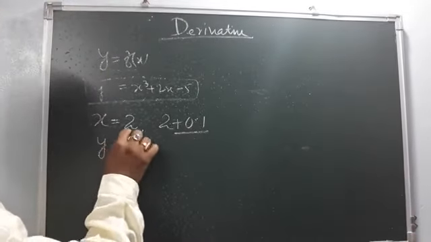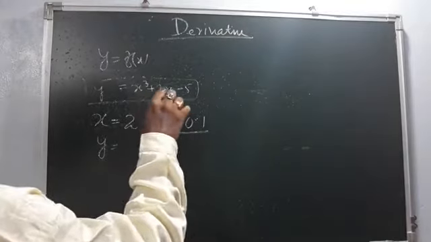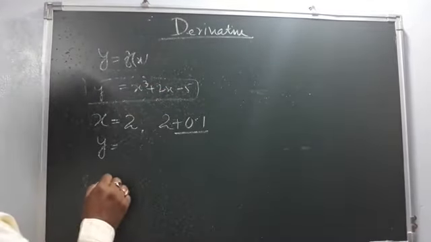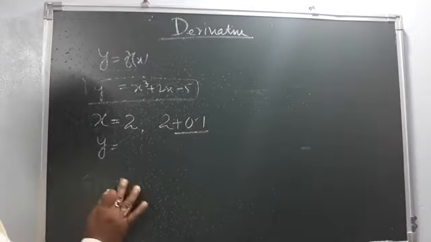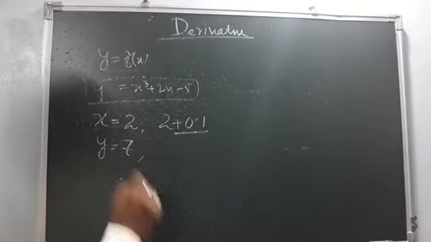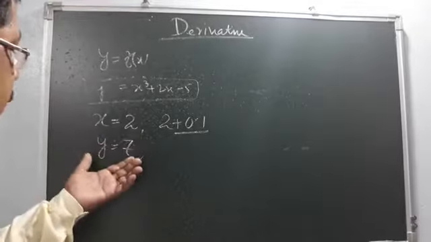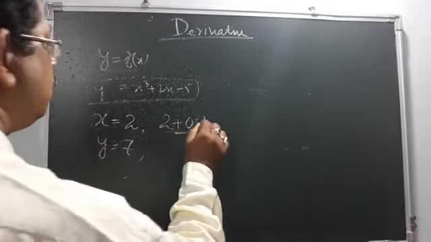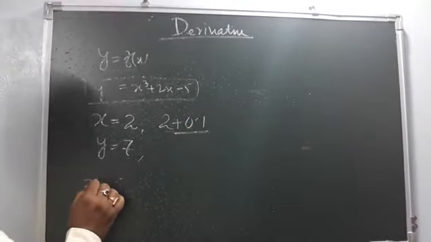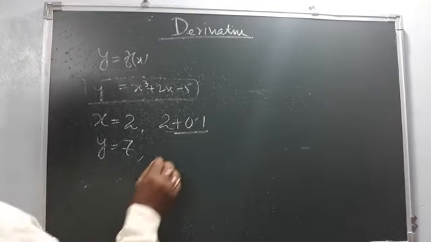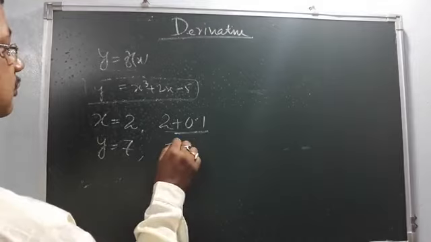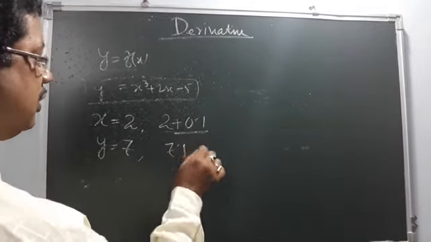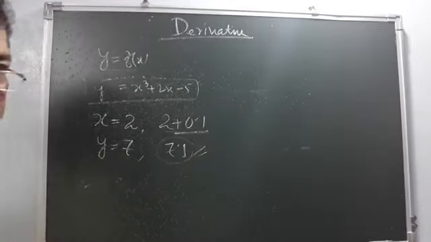Suppose for that value, just taking roughly, it is 8 plus 4 minus 5, that is 7. For x equal to 2, y is 7. But for 2.1, suppose it is 7.1. It is roughly I have said.